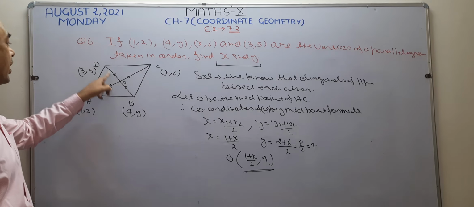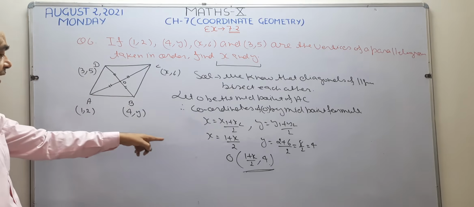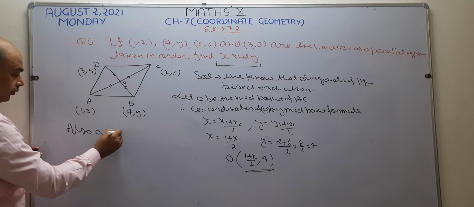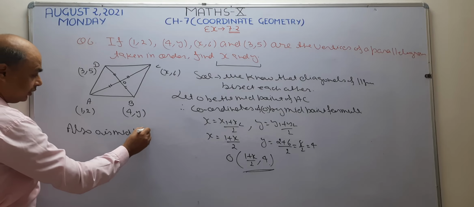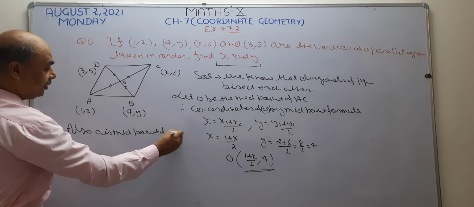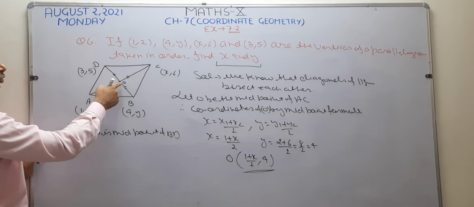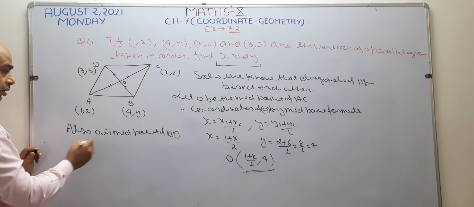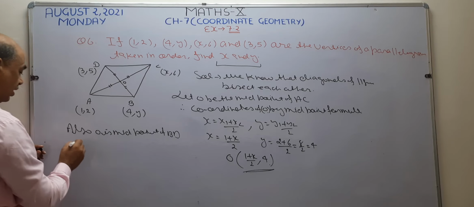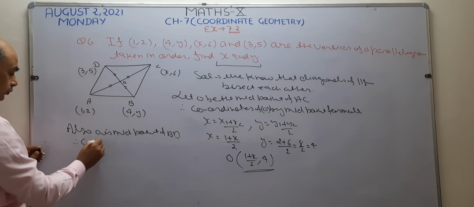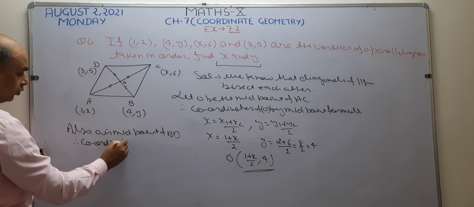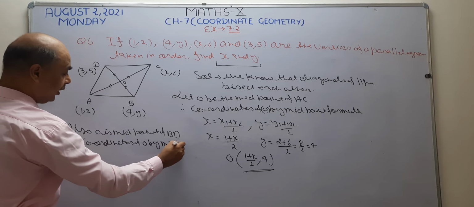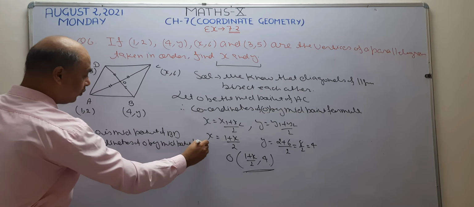Now I take O as a midpoint of BD. Also, O is the midpoint of BD. If O is the midpoint of BD, then I have to find the coordinates of O by using these two coordinates, B and D. Therefore, coordinates of O by using midpoint formula.